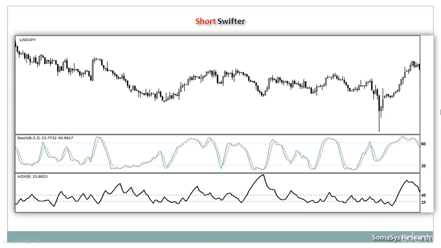Let's look into another chart on Short Swifter, and this is USD JPY. We have all valid scenarios on the chart here with stochastic overbought and ADX hovering below 25. So let's examine this first setup. Okay, so price does resist at a valid region, and that's this preceding swing high.